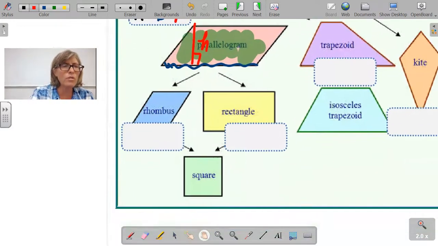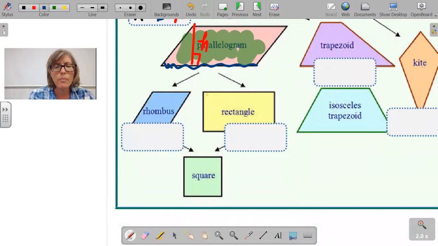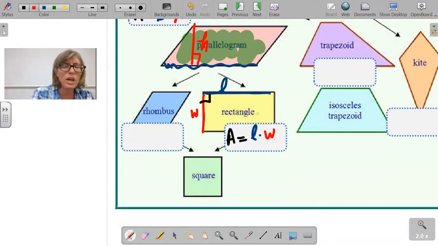Area of a rectangle, also. Area equals length times width, is what was commonly understood. But of course, because the width creates a right angle, we could also call this base times height as well. Base times height.